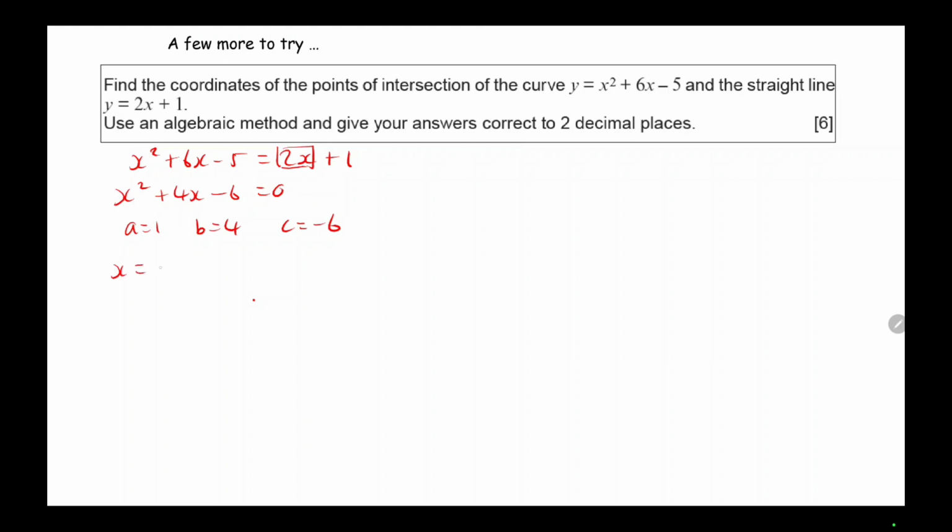Our quadratic equation becomes x equals minus 4 plus or minus the square root of 4 squared minus 4 times 1 times minus 6, all over 2 times 1.